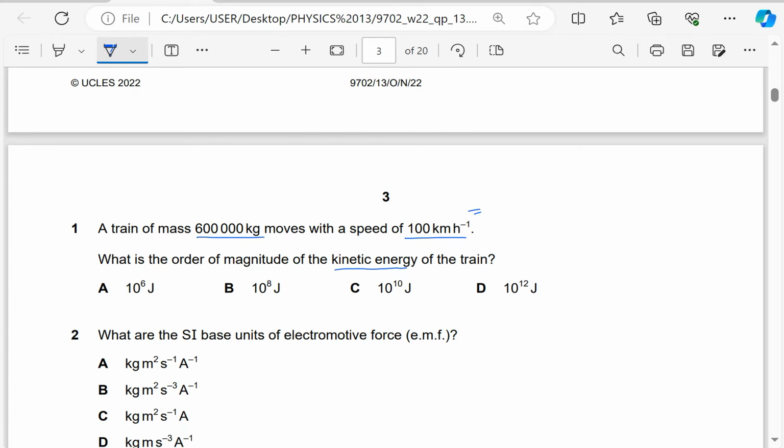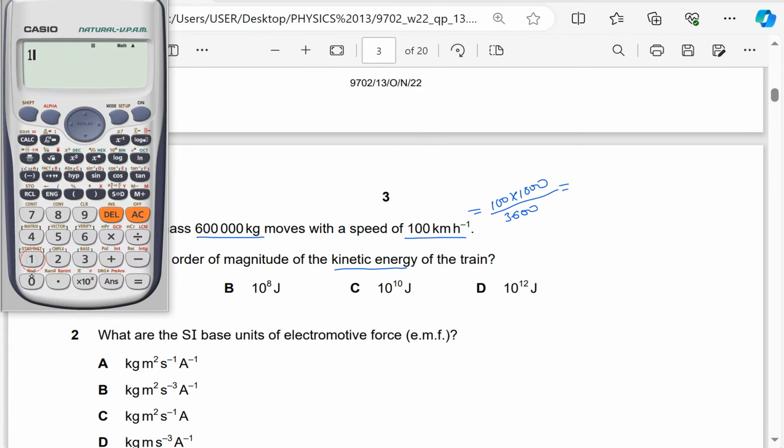So this is going to be 100 times 1000 to change distance to kilometers, and per hour, 1 hour is 3600 to change this to seconds. So that is going to be the speed. From my calculator, I'll check 100 times 1000 divided by 3600.